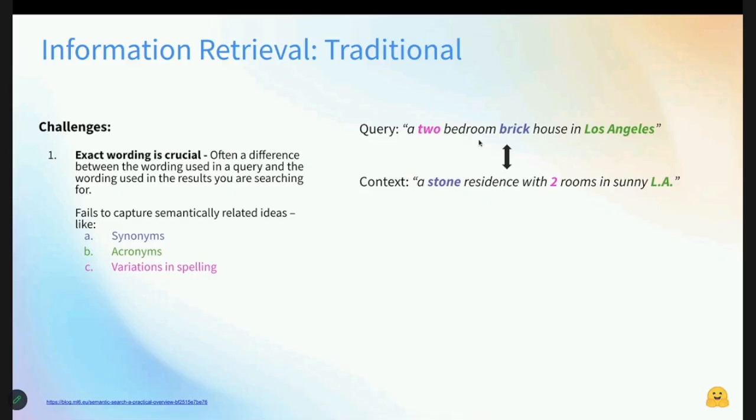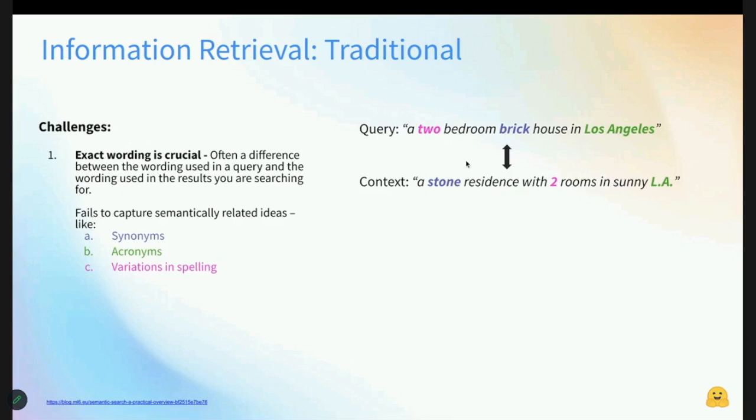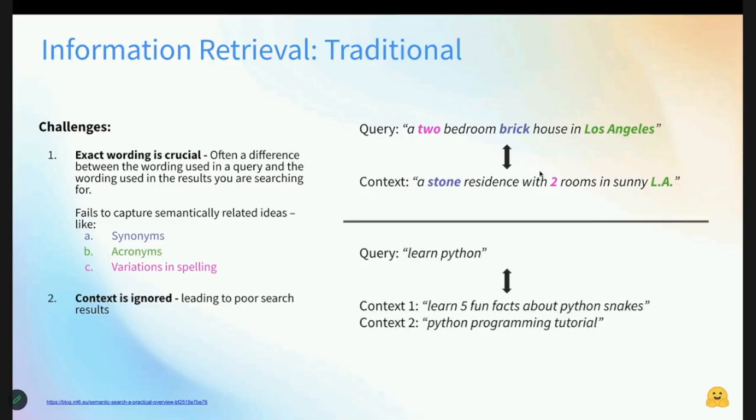And that's because we have a synonym here. Brick versus stone. It's a different form of the word. And so we wouldn't get a match there. Los Angeles versus LA, they mean the same thing. They're different versions of the same word, but lexical search would completely miss the match here. And also variations in spelling. And so 2 and two, again, different forms of the same meaning that would get lost. And so that's one major issue.